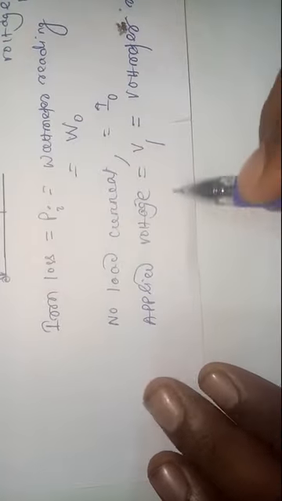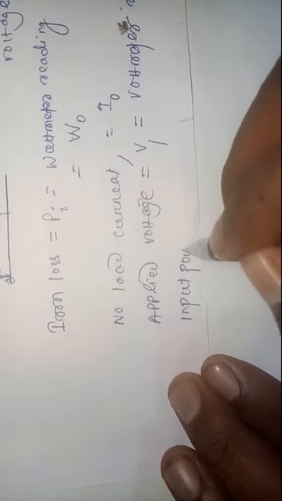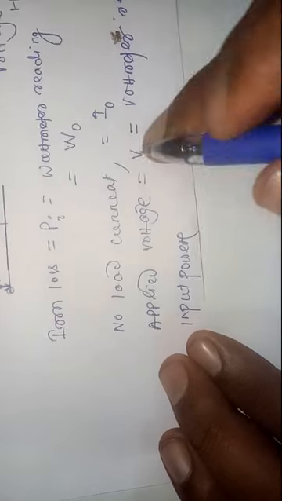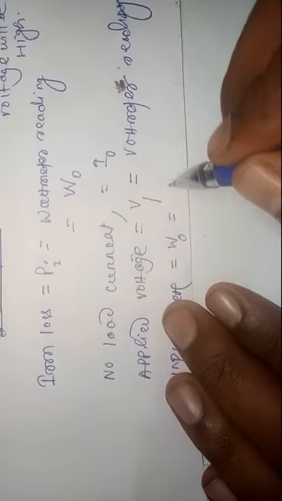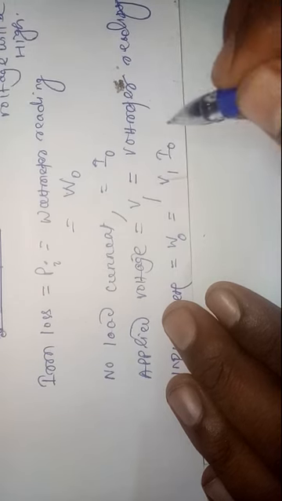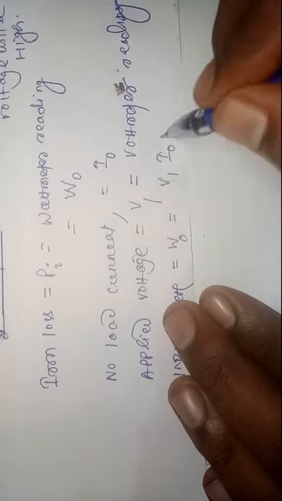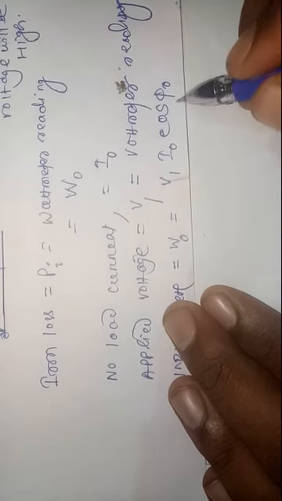Okay, that one is your voltmeter reading. So the input power is equal to W0, which is equal to input voltage V1, no load primary current I0, and no load power factor cos phi 0.